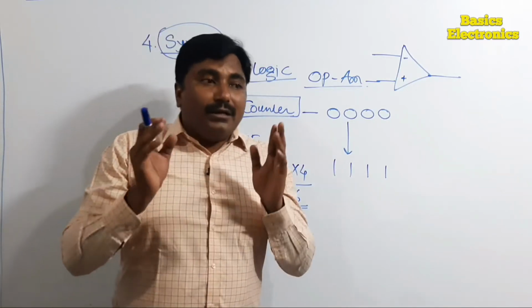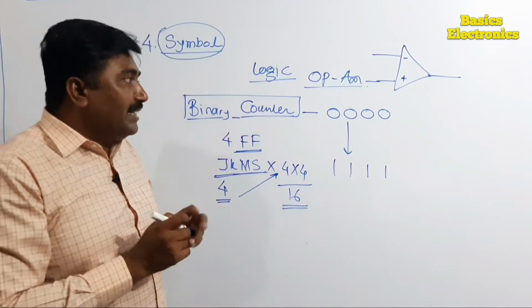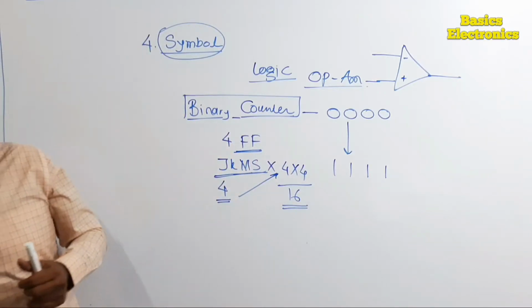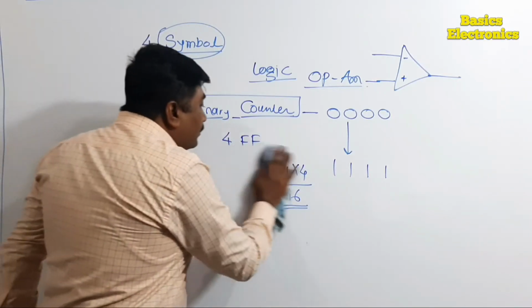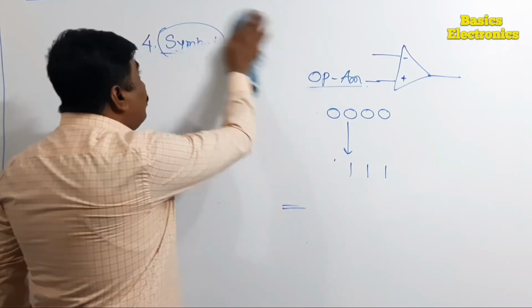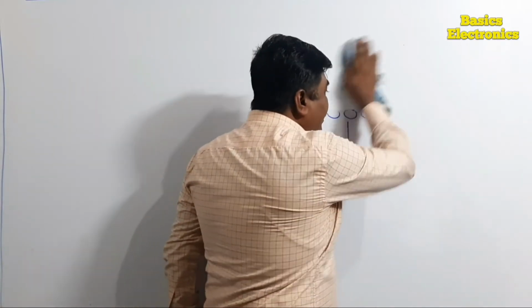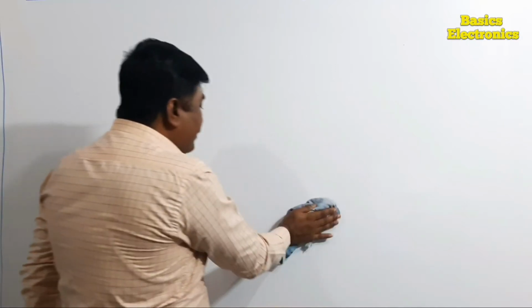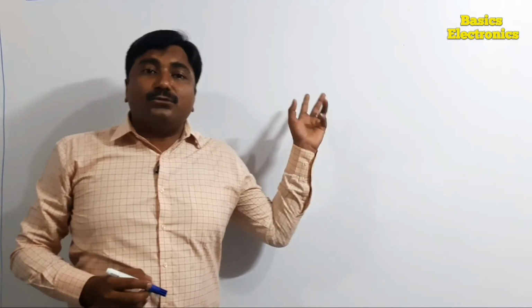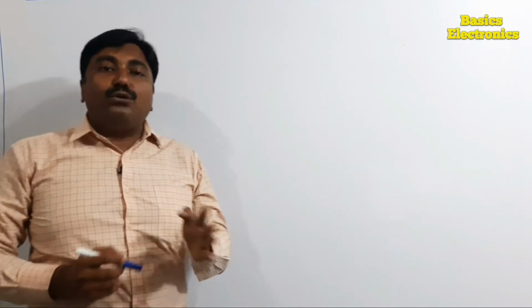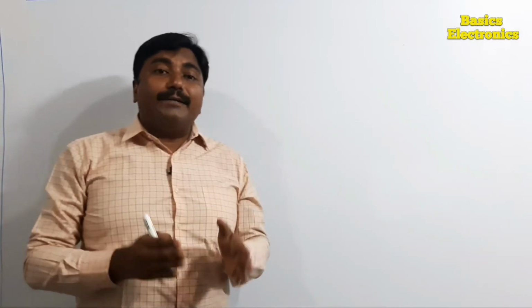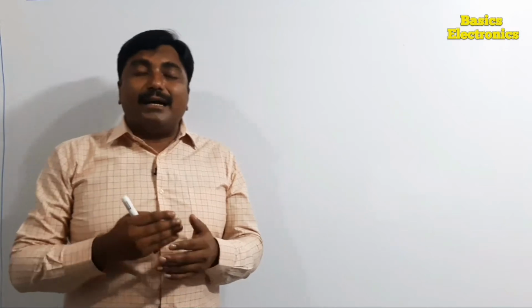Okay, so here we have seen 4 terms. The first term is the logical statement. The second term is the logical equation. The third term is the truth table, and the fourth one is the symbol. Here we have to study all types of the basic gates one after another.